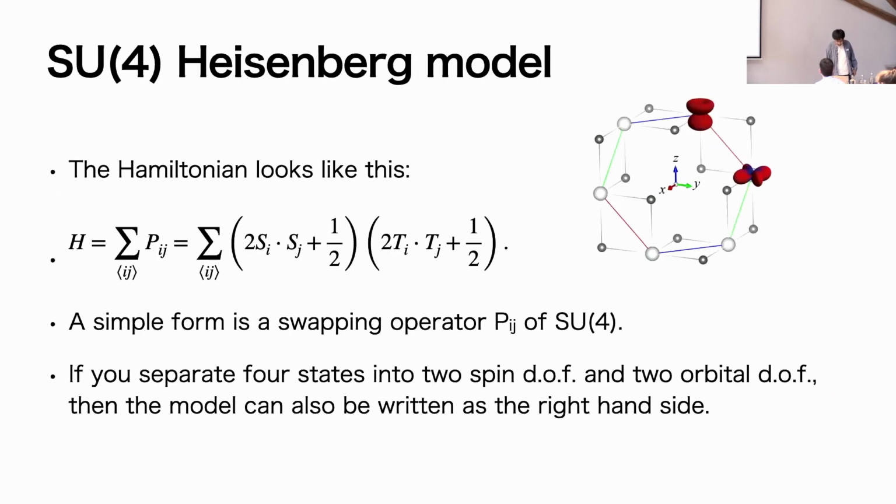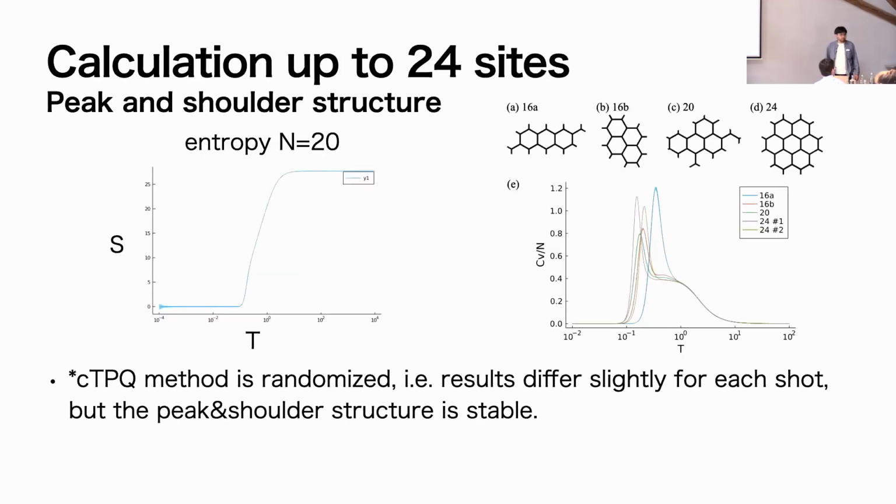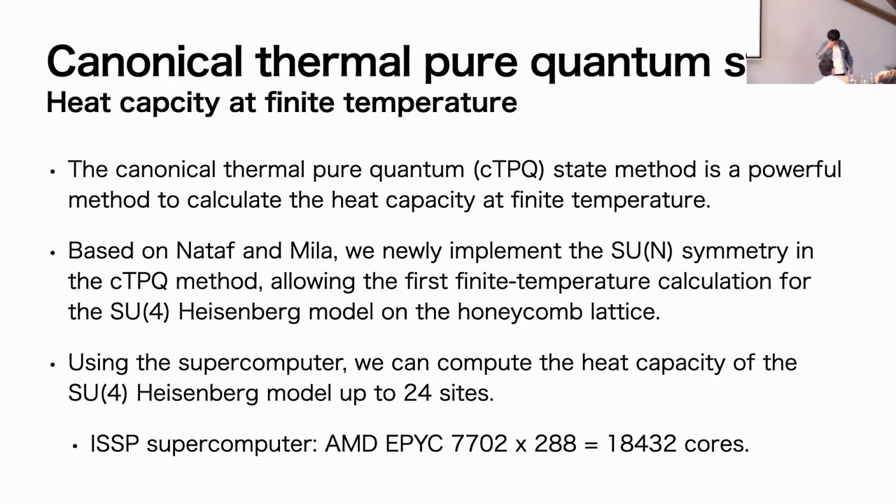This one? Sorry? Yes, that's on the honeycomb. And then the question starts to be technical. So here we have the 24 states, right? Yes, that's equivalent to 48. So why can't we just do ED? Because ED can do precisely 48 spin-half states.